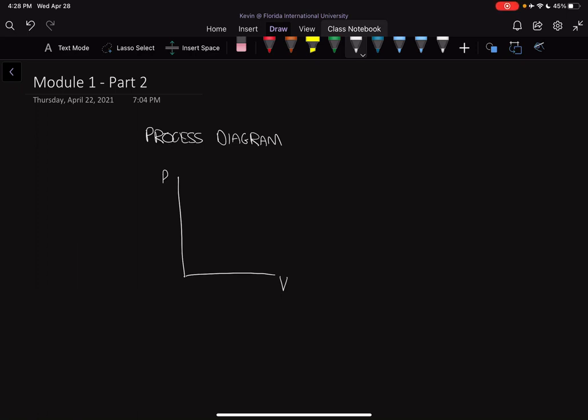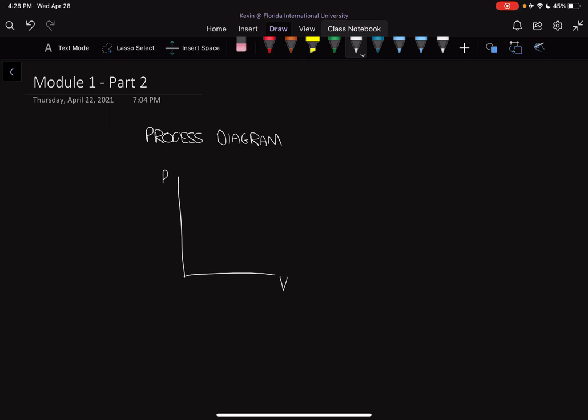Hello everyone, here we are in part 2 of module 1, and we're going to continue with our discussion of process diagrams and define some more terms as part of this first module. Last time we ended the lecture on process diagrams with the definition that a process is any change that a system undergoes from one state to another.